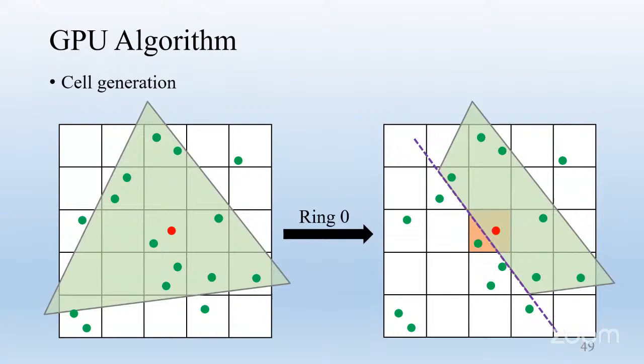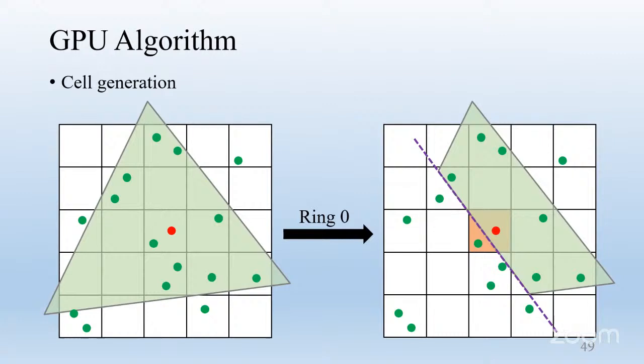Let's see the example. Suppose that we try to construct the cell of the red point, and it is initialized as the domain, which is the green triangle. We locate the grid that the red point is in. We call it the central grid, which is the orange one in the right figure.